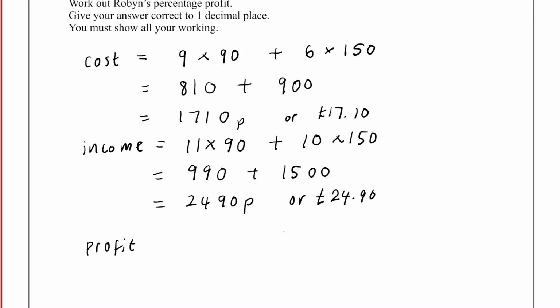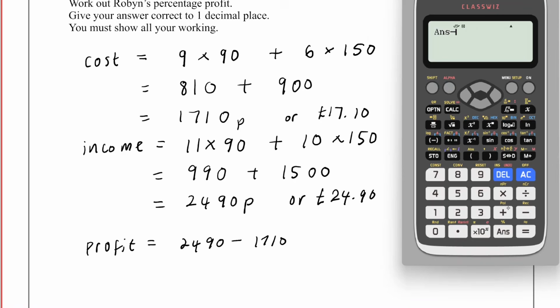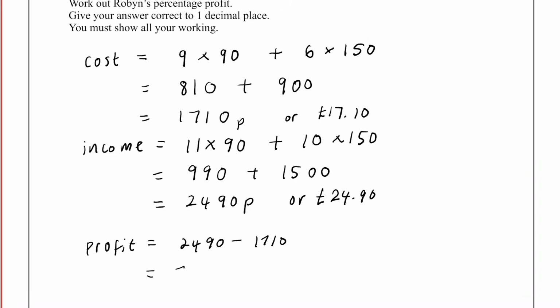I'm just going to do it all in pence. So 2,490, take away 1,710, is 780. The profit is 780.